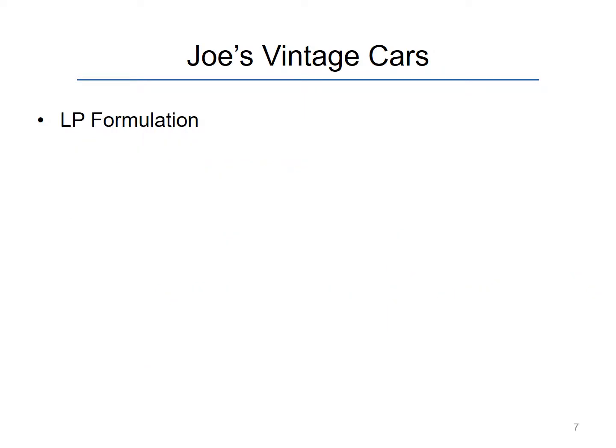Now we're actually ready to write out our full LP formulation for this problem. Our objective function is, again, to maximize our profits. And we know for every unit of x1, the profit margin is $3,000, and for every x2, the profit margin is $3,500.